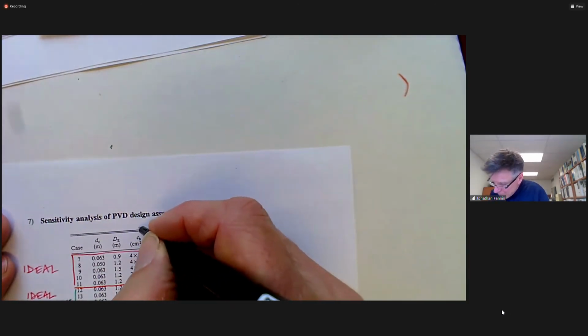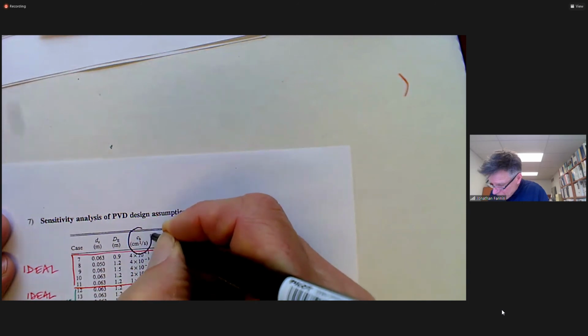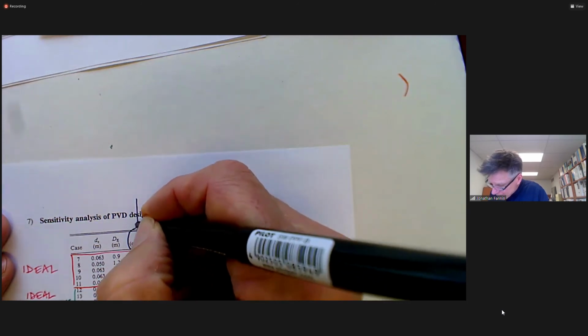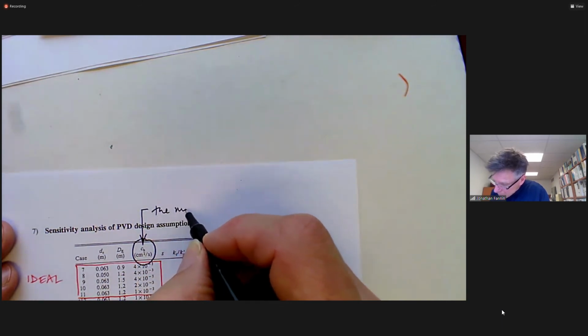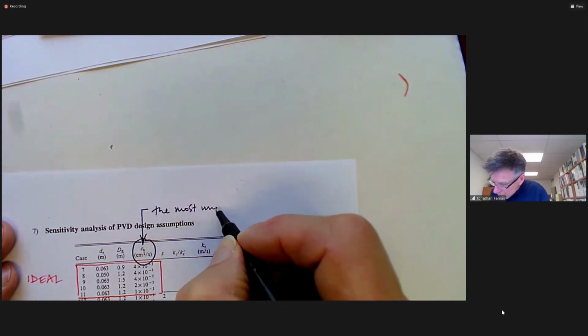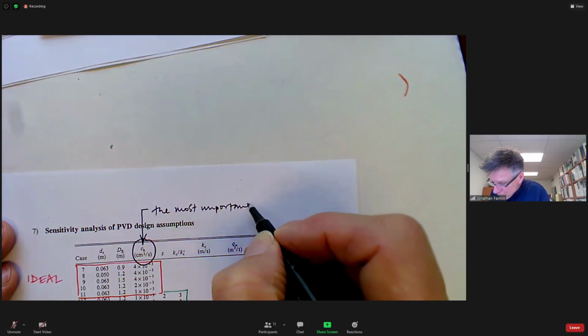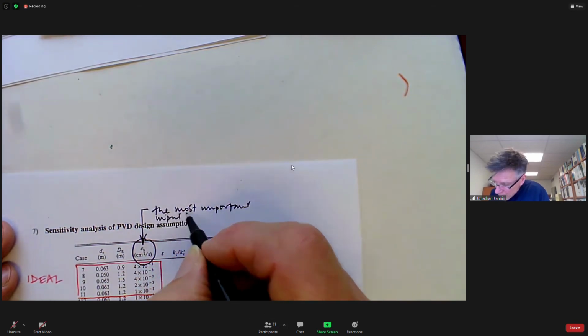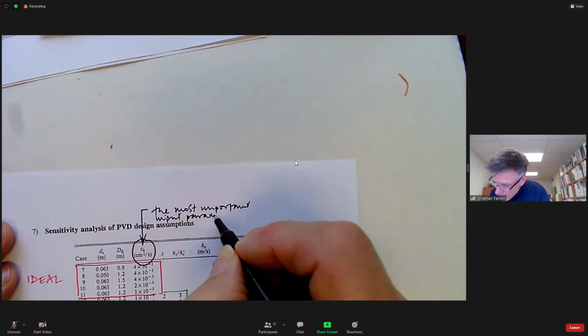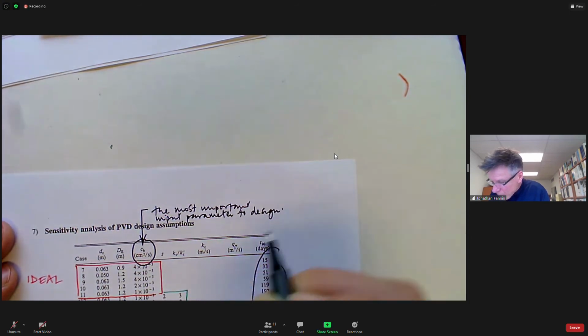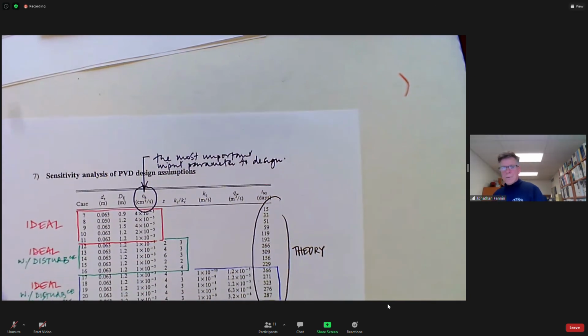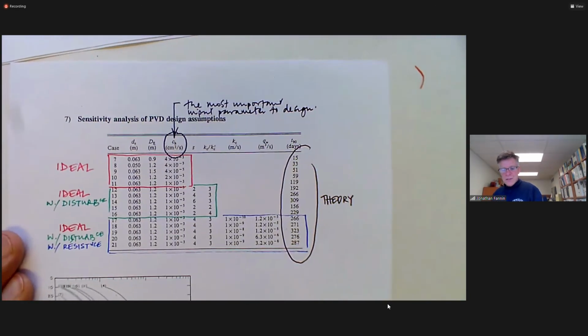But take it from me that the most important input parameter to design. Okay, and that's what we concluded from our sensitivity analysis.